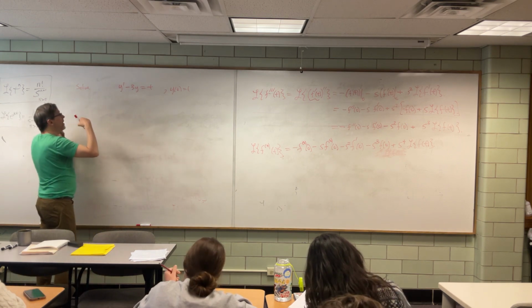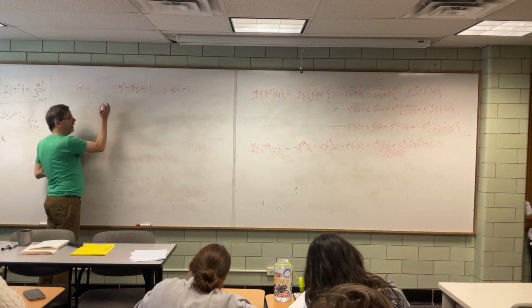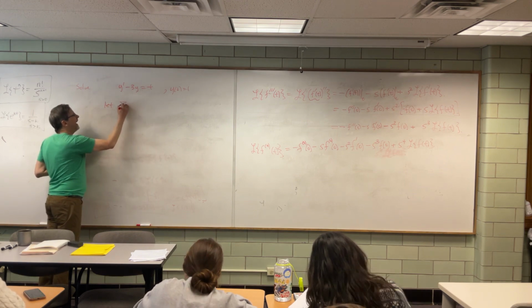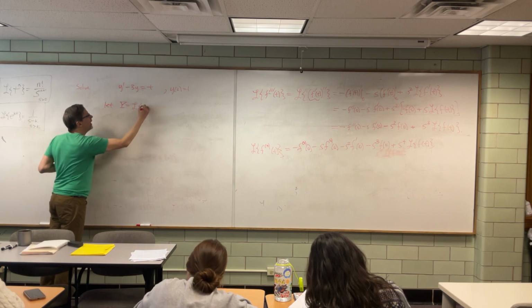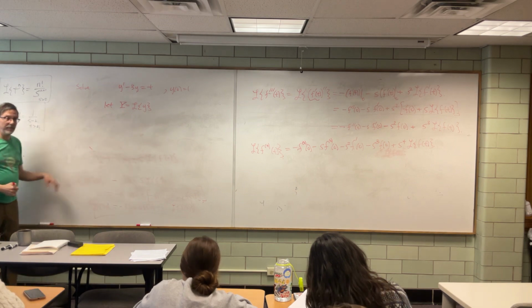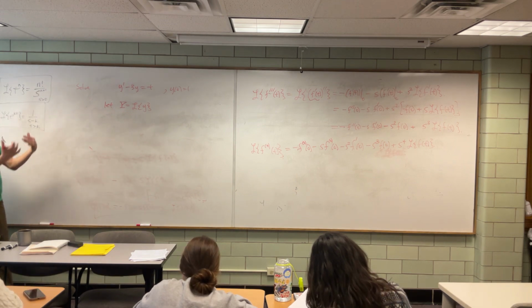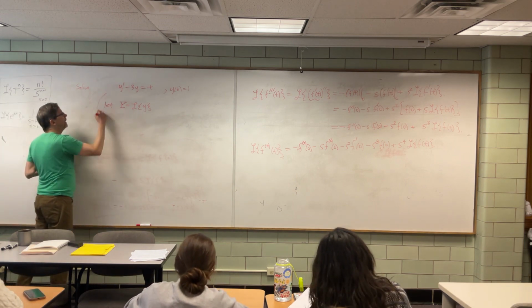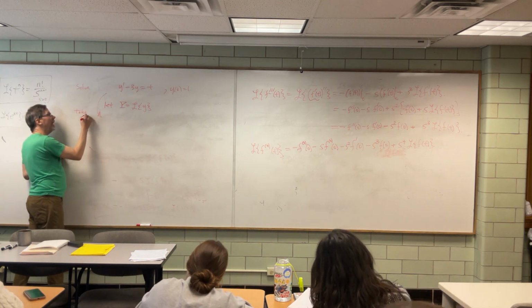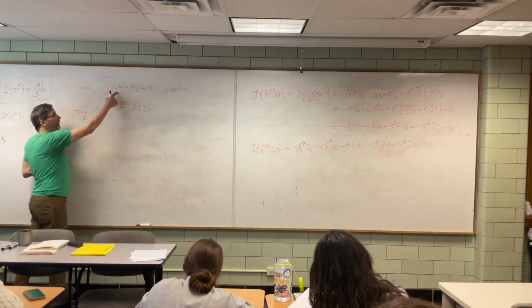Okay, so step 1, put some nomenclature in here. We're going to let capital Y equal the Laplace transform of our solution. And then I'm going to take the Laplace transform of that equation on both sides. So here we're going to take L. Now let's write it out.